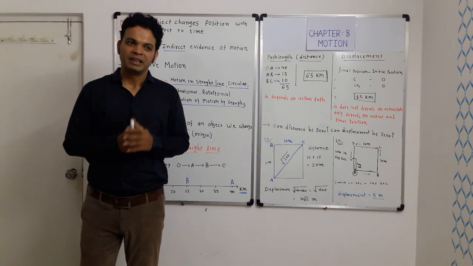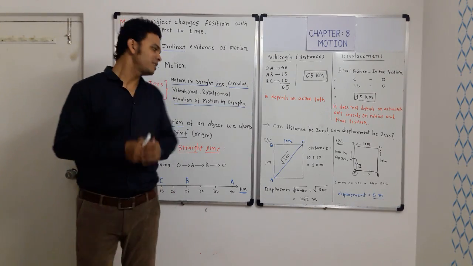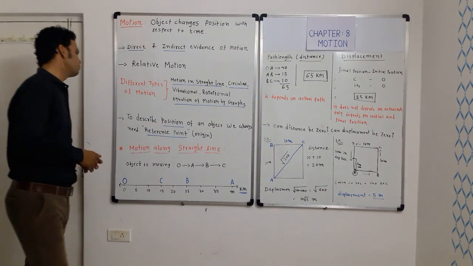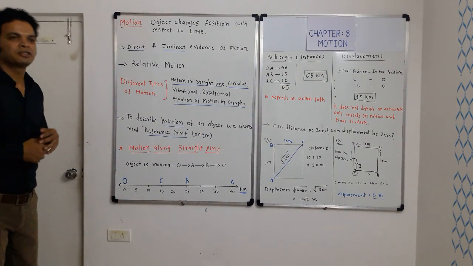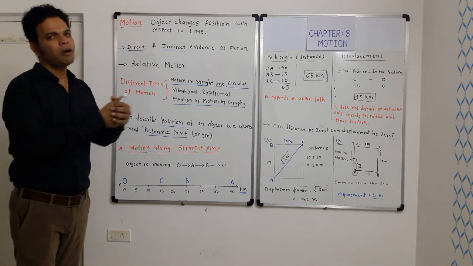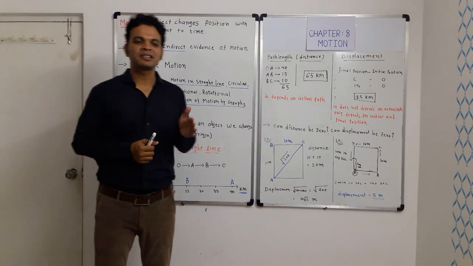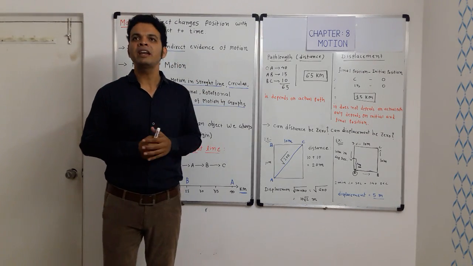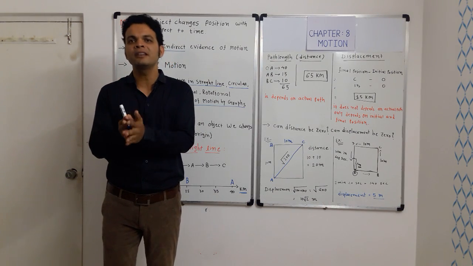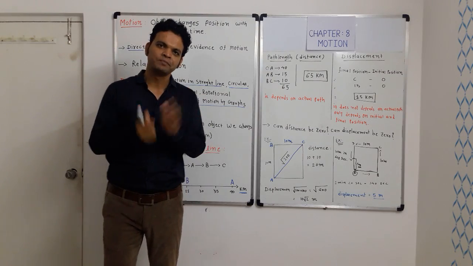Then we will be able to locate something. In the same manner, to describe the position of any object, we need a reference point. So the reference point is the address of that particular object. We can say that my house is 1 kilometer away from the railway station. So that railway station is the reference point from which we can locate your house. Is that clear?